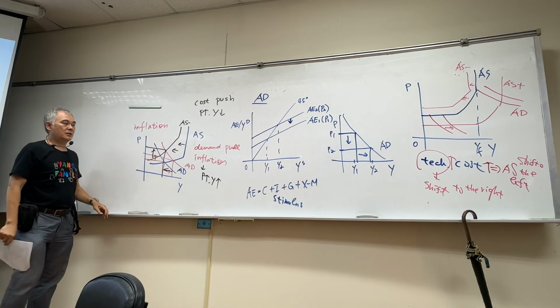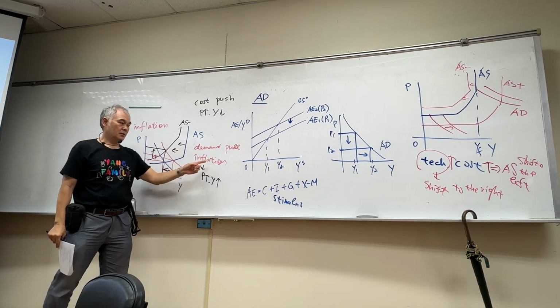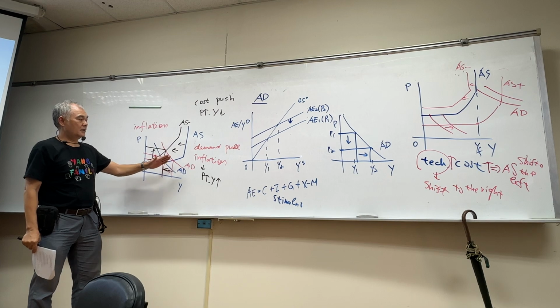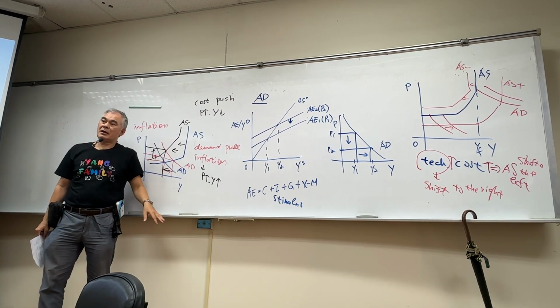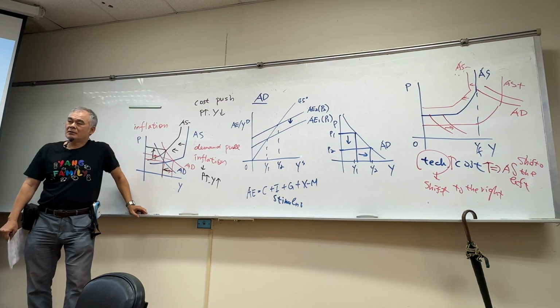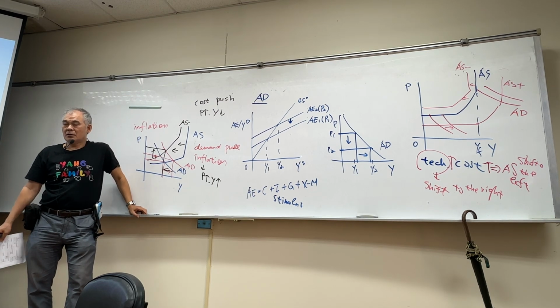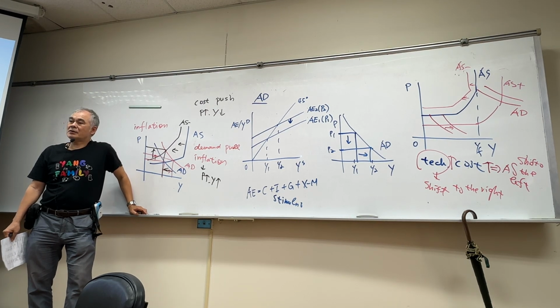Okay? So here you have demand pull inflation. It's because you have too much demand. So that's the reason, in the first week we said why the Federal Reserve wants to increase the interest rate when there's inflation.